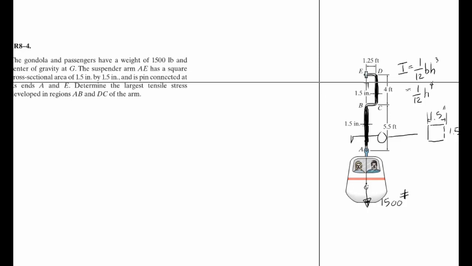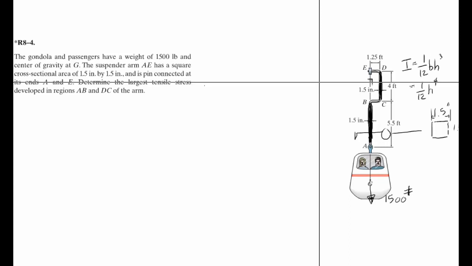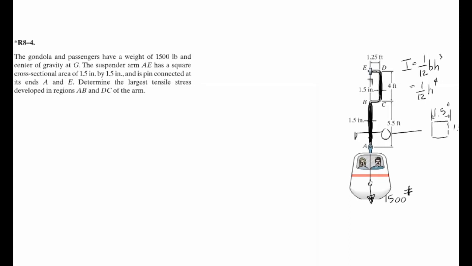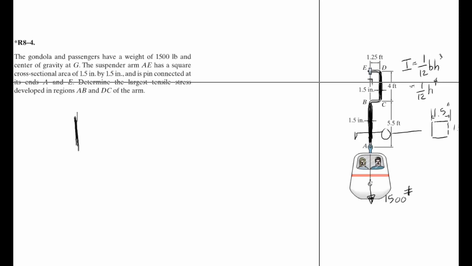If you were to take a section cut at AB, because the load is applied to the center of that segment, you have no offset in distance, so you know that the stress is actually just equal to P over A.